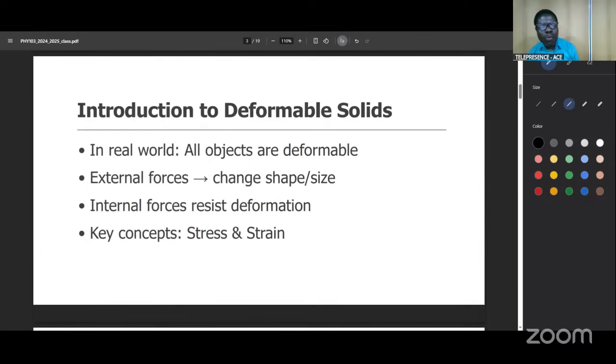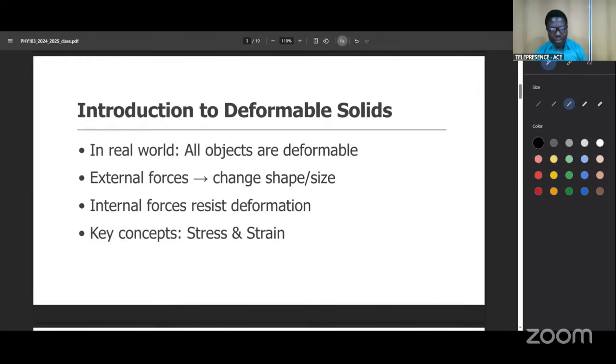These are two parameters that describe how materials respond to deformation. This concept explains why materials deform and how much they are deformed when forces are applied. I want you to get this clear.